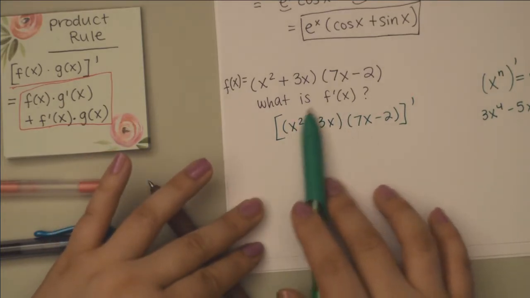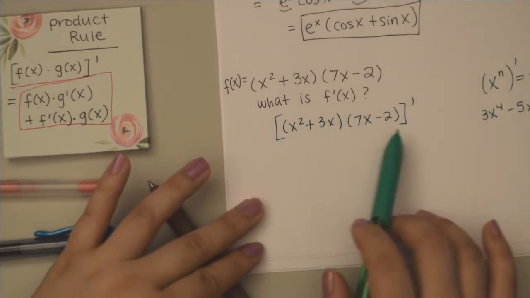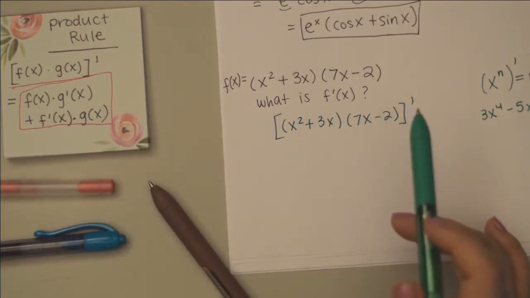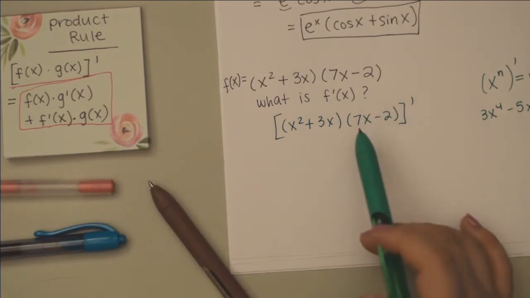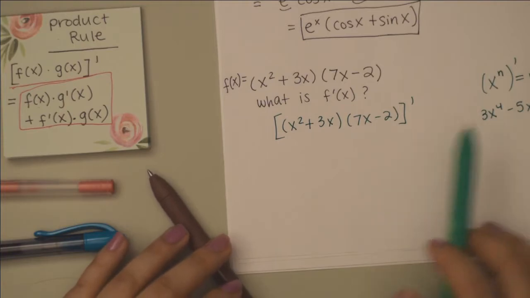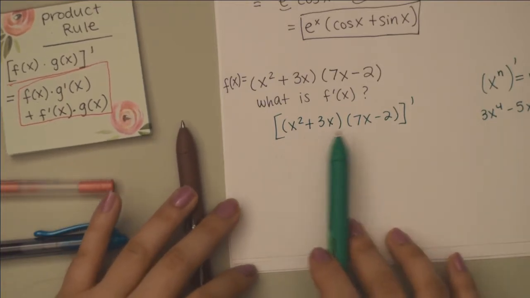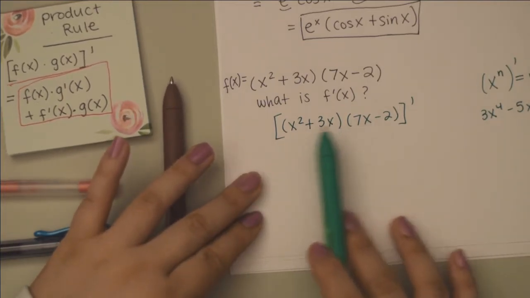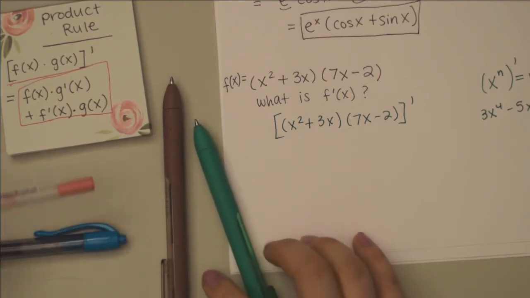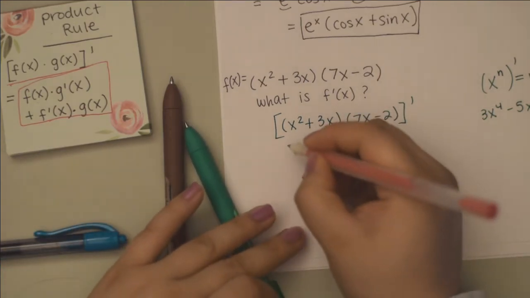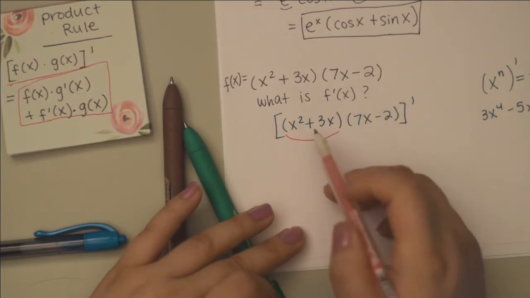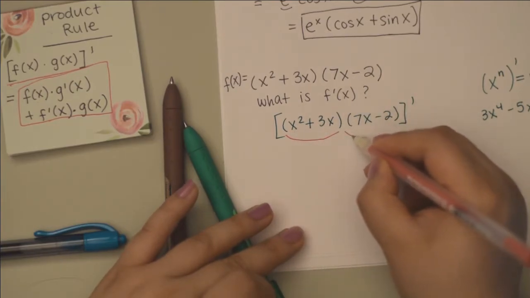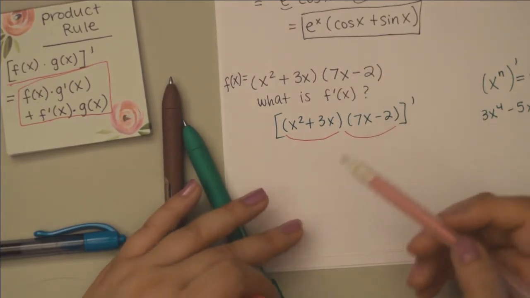We can FOIL this out, first, outer, inner, last, combine whatever we can combine, and then just take the derivative as we would. But let's see if we get the same thing by using the product rule, because technically we can. This is a function of x times another function of x, and we're taking the derivative.